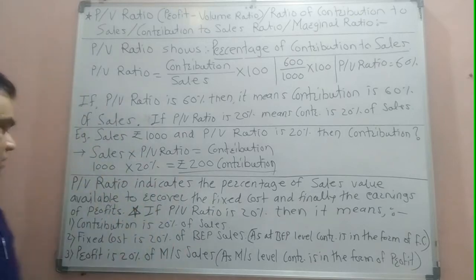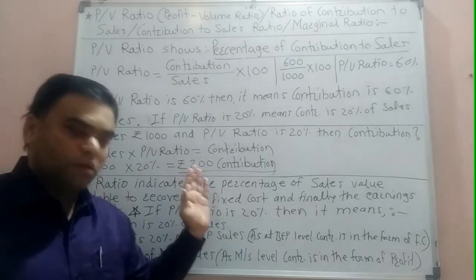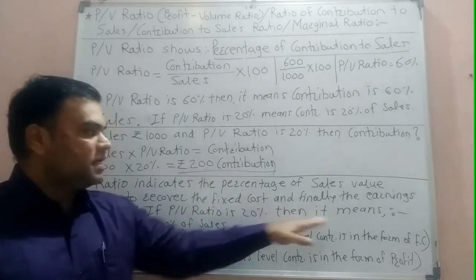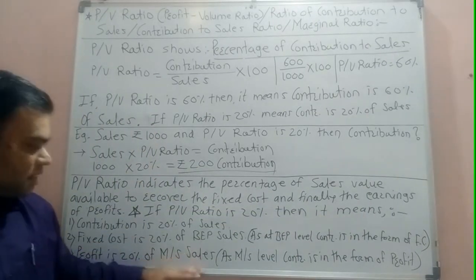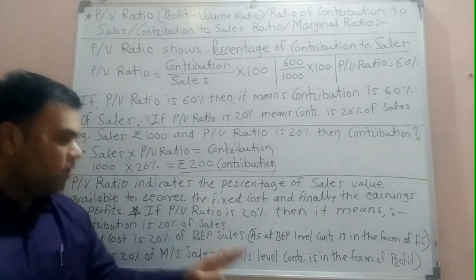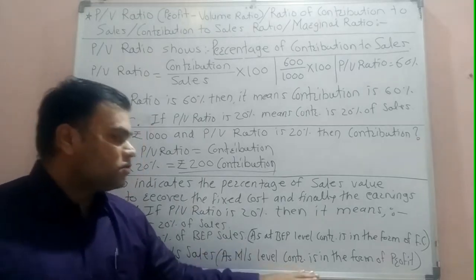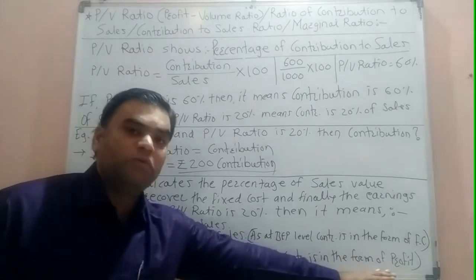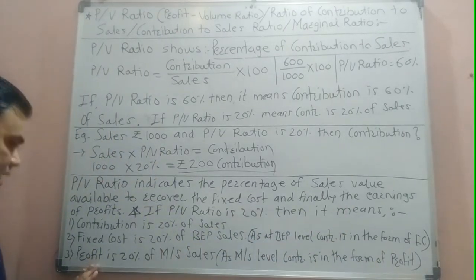Or in other words, if PV ratio, meaning contribution to sales ratio, is 20%, then profit is 20% of margin of safety sales, because at margin of safety sales level, contribution is in the form of profit. That's why it happens.